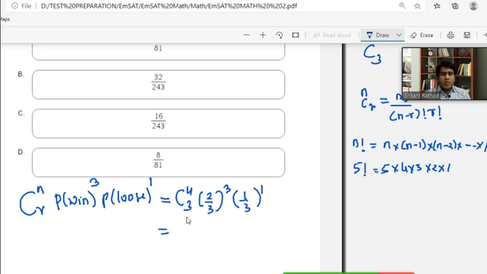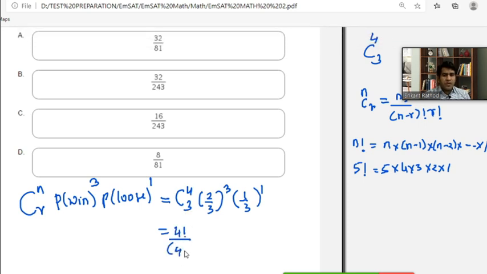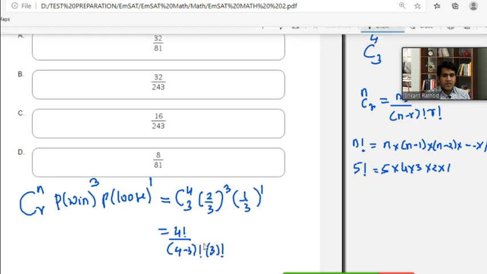So here, what is the combination 4C3? This is written as 4 factorial over 4 minus 3 factorial times 3 factorial, isn't it?